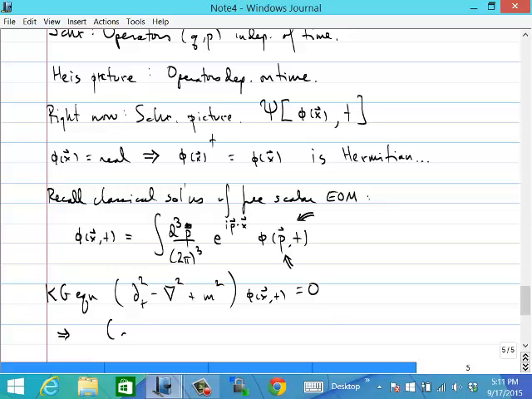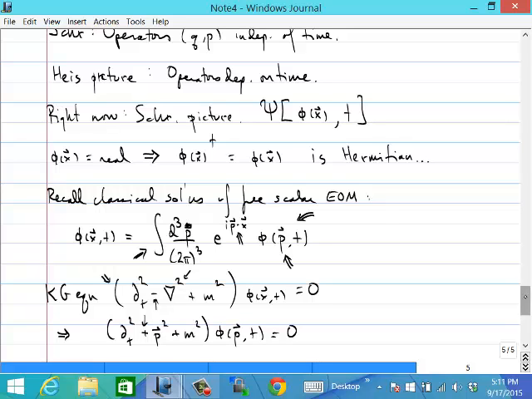It means that dt squared plus p squared plus m squared of the Fourier transformed variable is equal to 0. In Fourier space, the derivative with respect to x just brings down a factor of p. You can see that very explicitly. Just take this differential operator and act it on this up here, and the gradient only hits that and brings down a factor of ip, two of them, which gives you a minus sign, which turned that minus there into that plus there.